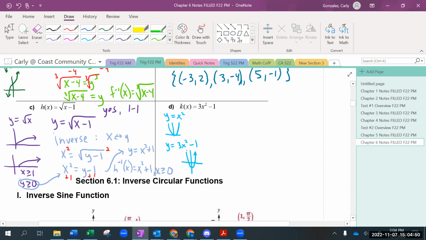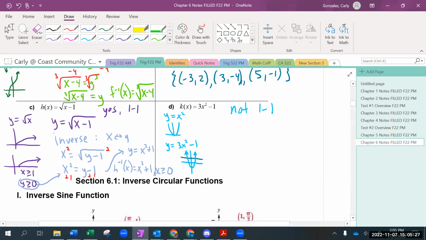And so this is a function, but because it fails the horizontal line test, this is not 1-to-1. So because the directions say only if it is 1-to-1, then find the inverse. But just so you know, we could restrict the domain and find the inverse of the function with the restricted domain. But for this purpose, we'll just go ahead and stop right there.